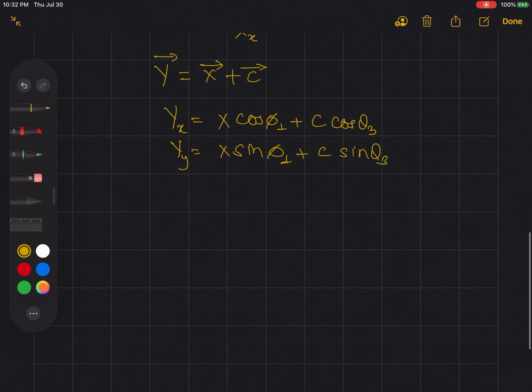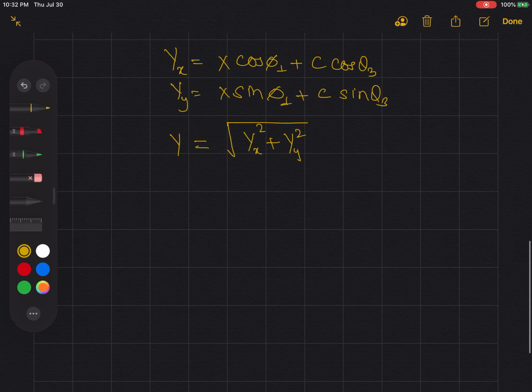Now once you have the x component and y component, you can find the magnitude of this vector y. This is the square root of the x component squared plus the y component squared. So you need to plug those values and calculate.